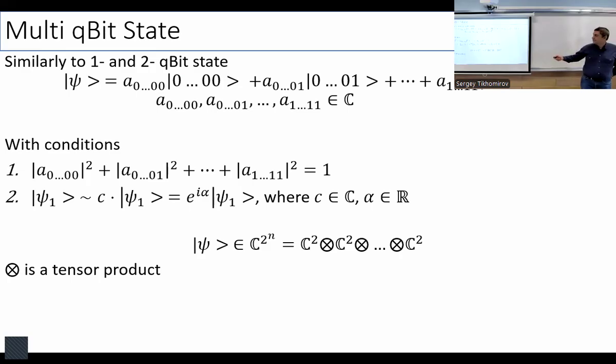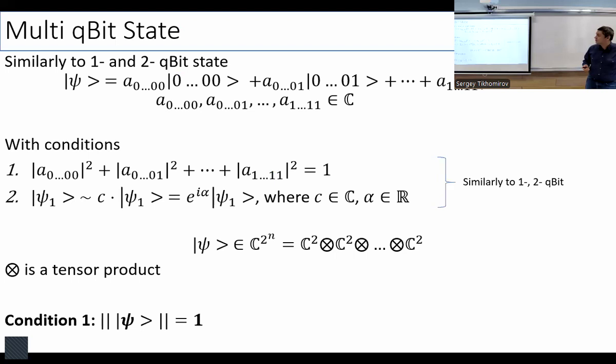The first condition is written here, and I forgot to say that if we look onto this as a linear space with Euclidean metric, condition one is just that the norm of this vector is equal to one. That's nothing more. So we are on a 2 to the power n minus 1 dimensional sphere.